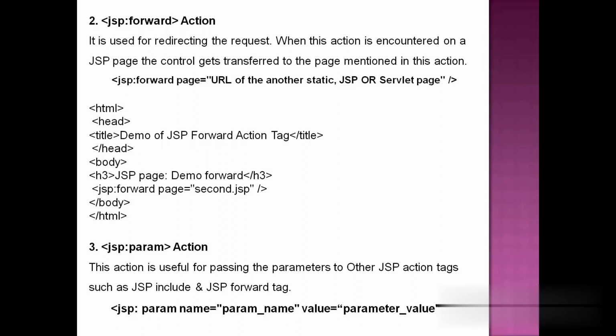How can we pass parameters to servlets? Using a web.xml file or using an HTML page. Similarly, if you want to pass parameters to some JSP pages, then we need to use the JSP param tag. In the param tag, we need to specify the parameter name and parameter value we are supplying.